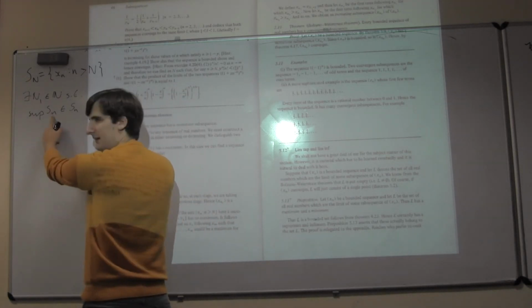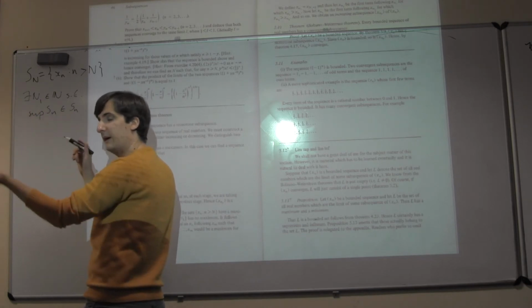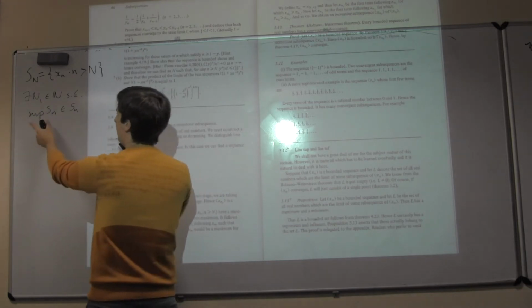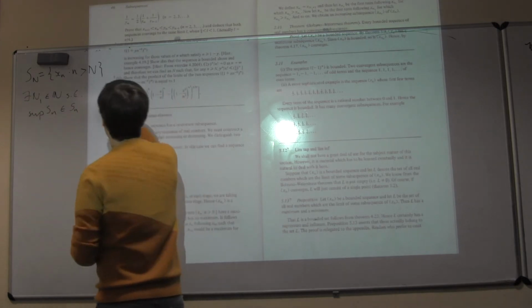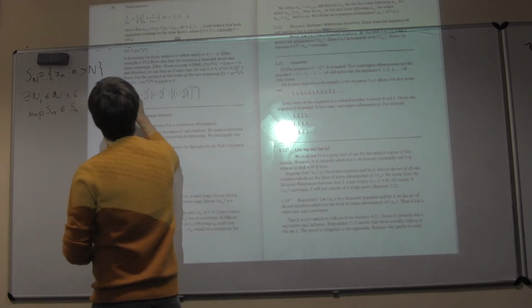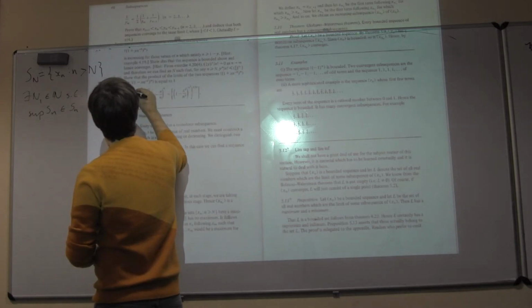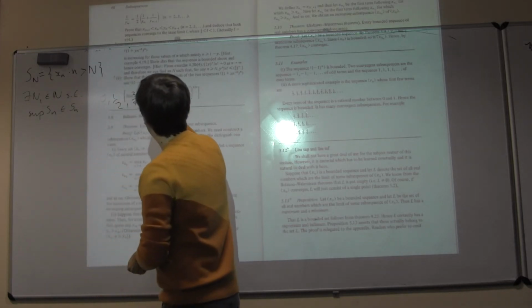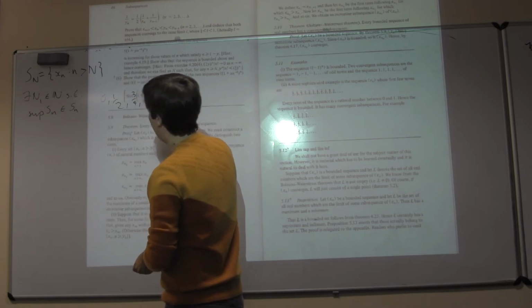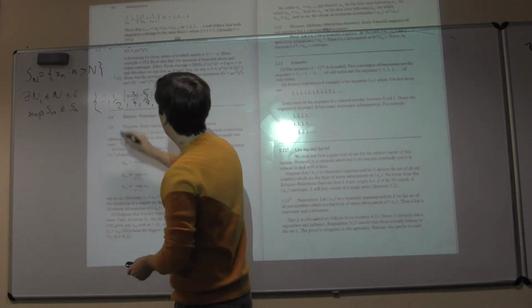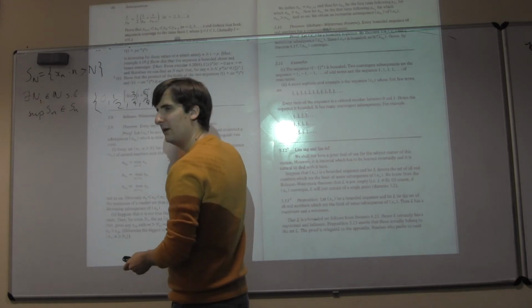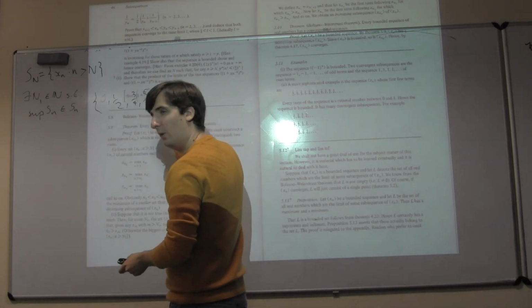If S_n has a maximum, then its supremum is equal to its maximum. But if it doesn't, then the supremum will be something outside the set. So think of the sequence 0, a half, 3/4, 5/8. The supremum of that set of all those infinitely many elements is 1, but that 1 isn't in the set.